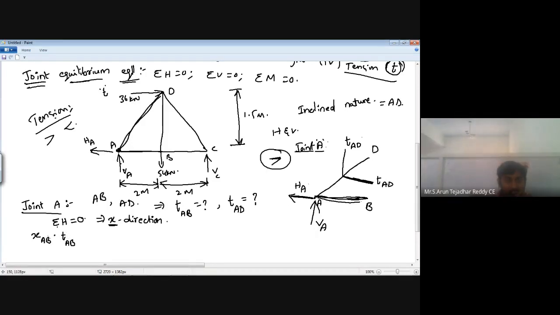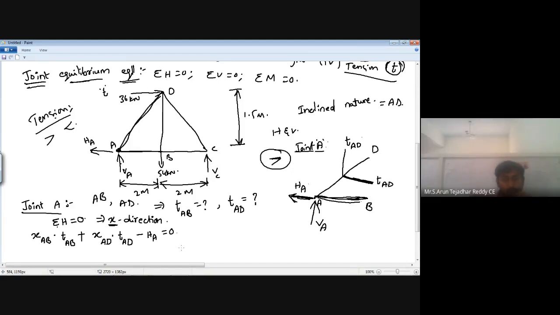So whatever the X direction, that should be multiplied with the tension coefficient, plus TAD acting in the X direction, so XAD should be multiplied with the tension coefficient, and the horizontal force acting here, HA, and HA we got some value, is equal to 0.